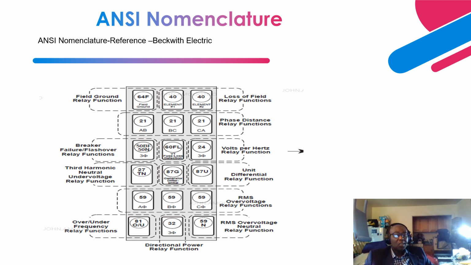Next is ANSI device 24, and that's volts per hertz, right? If a protective relay engineer says ANSI device 24, I definitely know it's a volts per hertz relay. What this relay does is determine an overexcitation condition. How does an overexcitation condition occur?